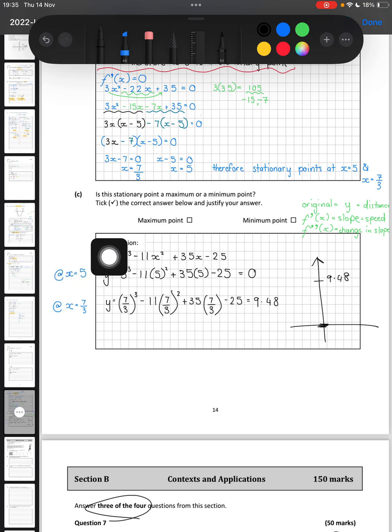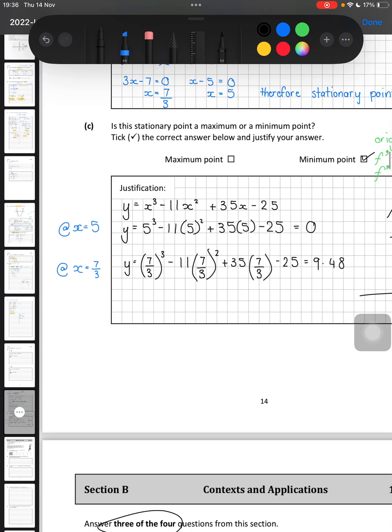So x equals 5. Is x equals 5 that they were talking about in the question above? Is it a max or a min? It is the min. Justification: we have shown there that it is a lower y value. We will also write that in words just to make sure.